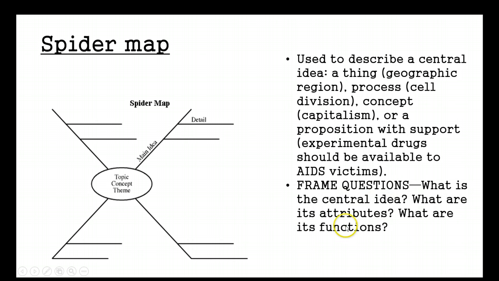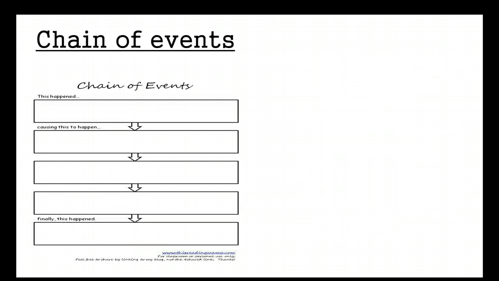And then there's these frame questions that go along with every organizer, like what's the idea, what are its attributes, what are its functions. And here are some examples of text that we would use the spider map for. Things, processes, concepts.